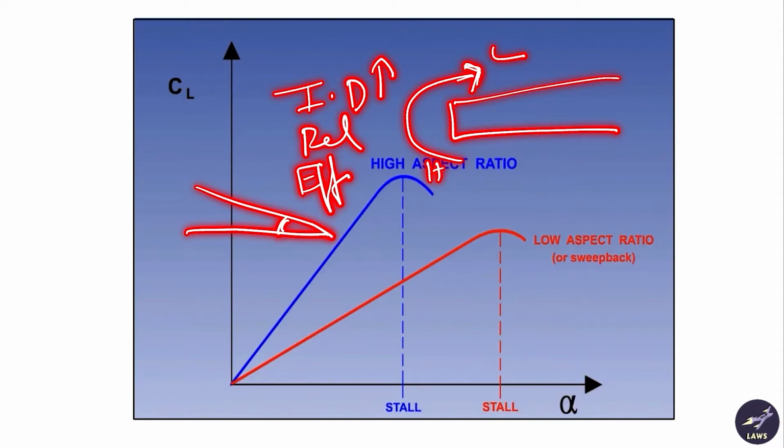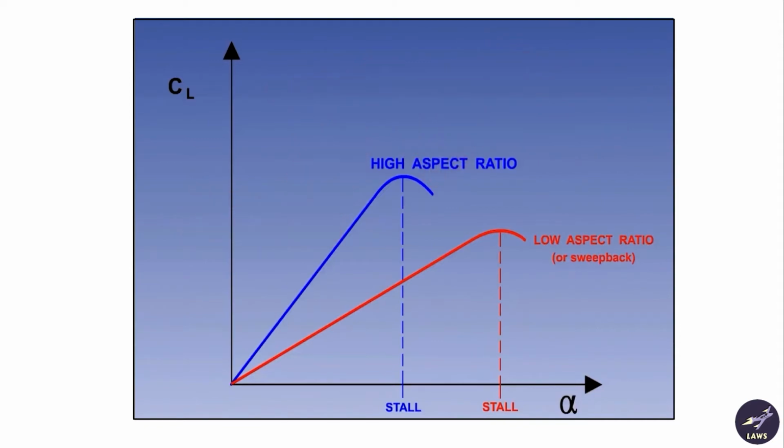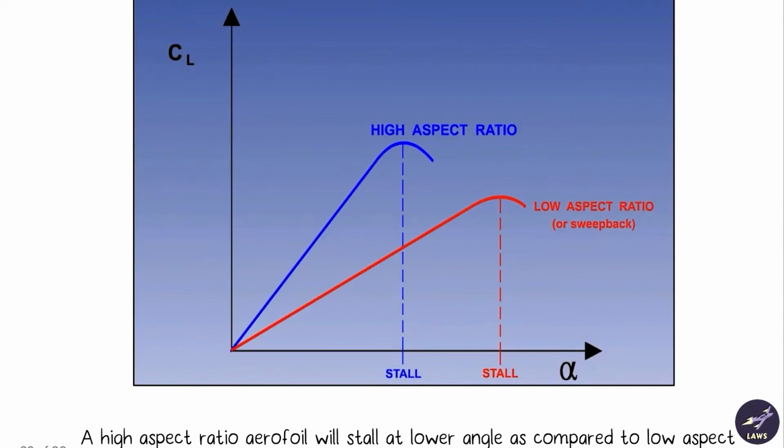So this angle reduces, and the stalling angle is further delayed in case of a low aspect ratio wing. This is the reason why the fin has a low aspect ratio as compared to the wings. Even if the wing stalls first, your fin will still have effectiveness, and it will help to directionally control the aircraft. Getting it?